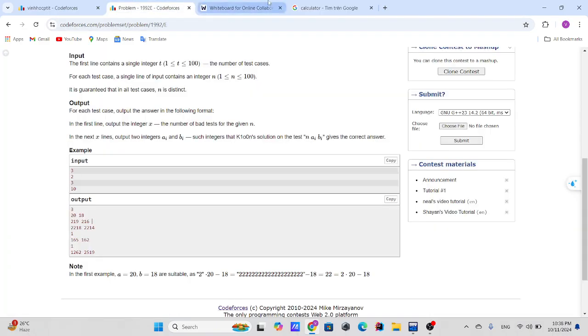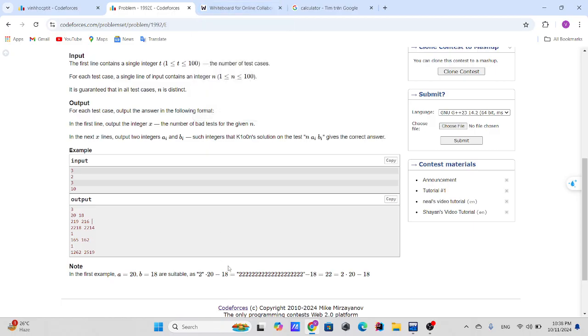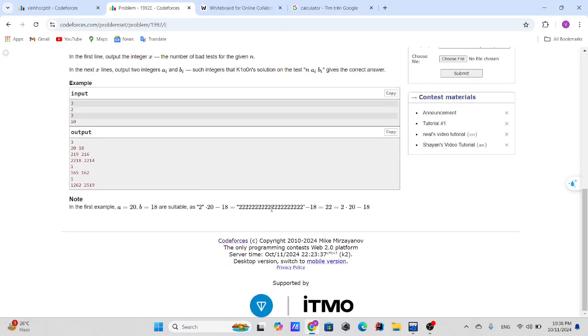It must be a number here. Oh, so the only available is. Okay, this is much more complicated than I thought it would be. You must erase it, and the answer must still be that number.